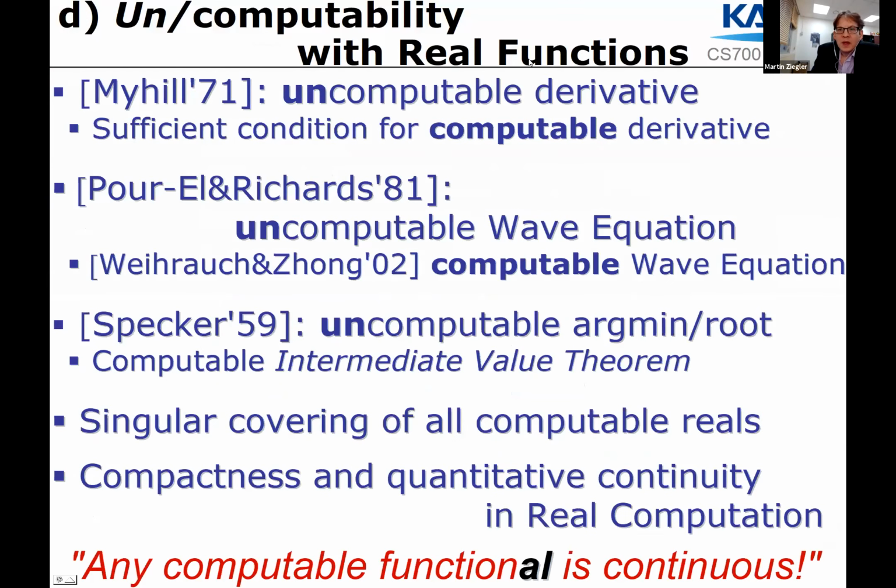So here are the slides. Right, so yes, here we are. This example of Myhill demonstrates that even if the function is computable and continuously differentiable, in general its derivative still need not be computable.